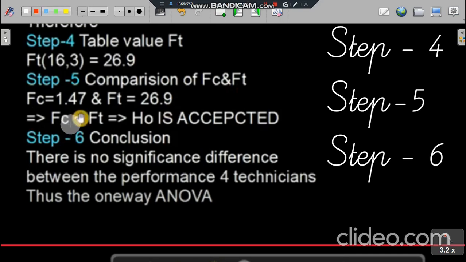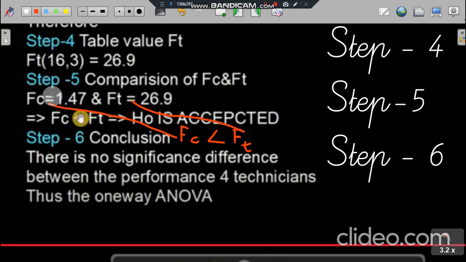Here the calculated value FC is less than the tabular value FT. That's what we see here. The calculated value is 1.47, and therefore that is less than the tabular value of F.